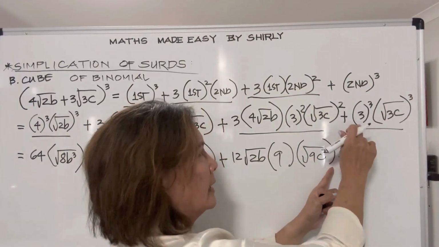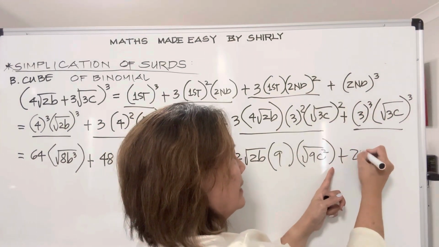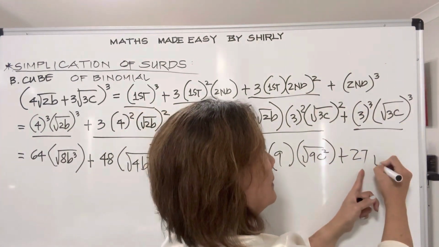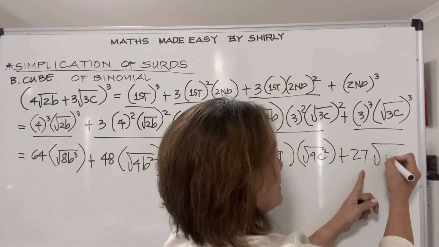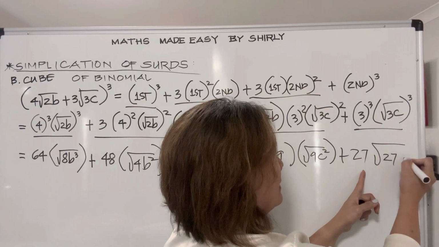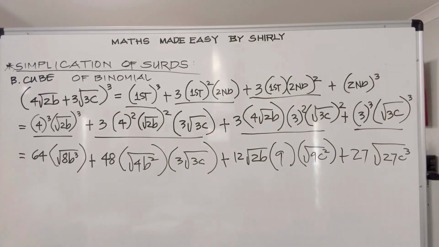Plus, we are here now, 3 cubed is 27, and the cube of the square root of 3c is the square root of 27c cubed. Let's continue.